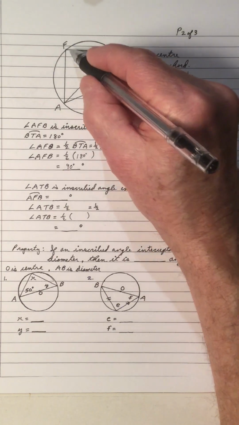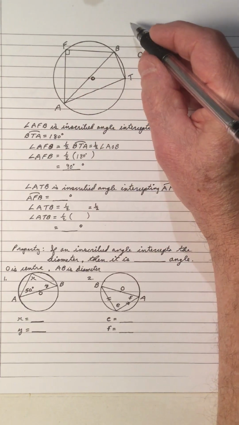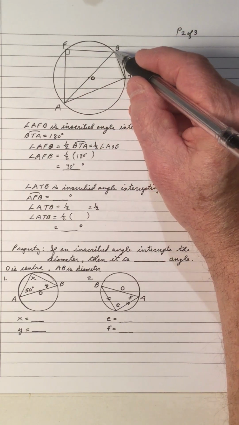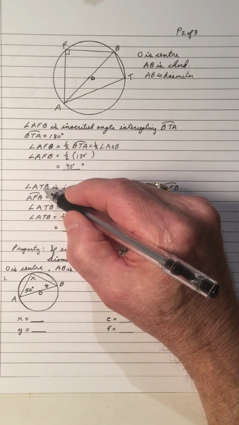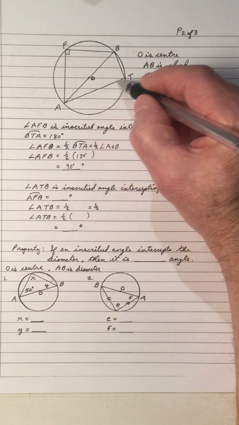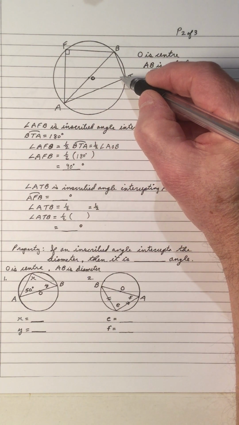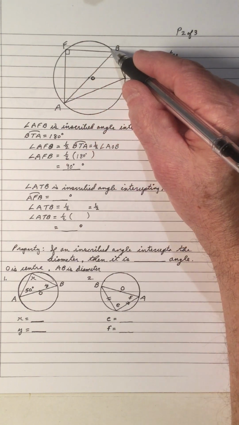So this angle is 90 degrees. So let's look at the other inscribed angle, ATB or BTA. Take this angle here. This is an inscribed angle intercepting the arc AFB.